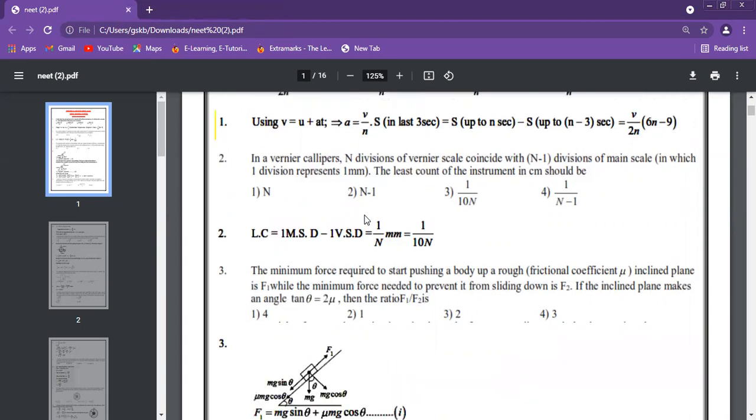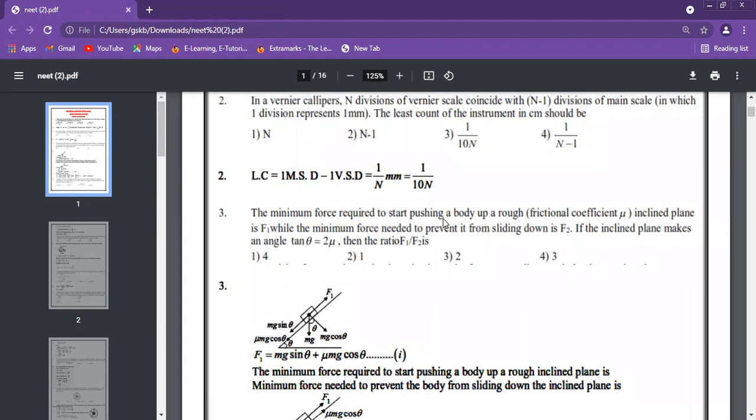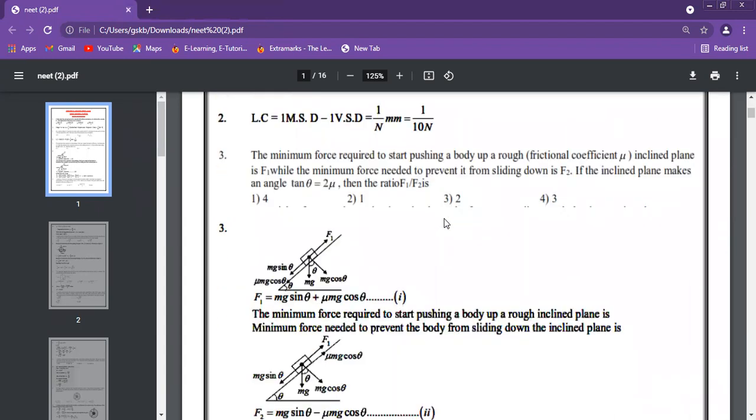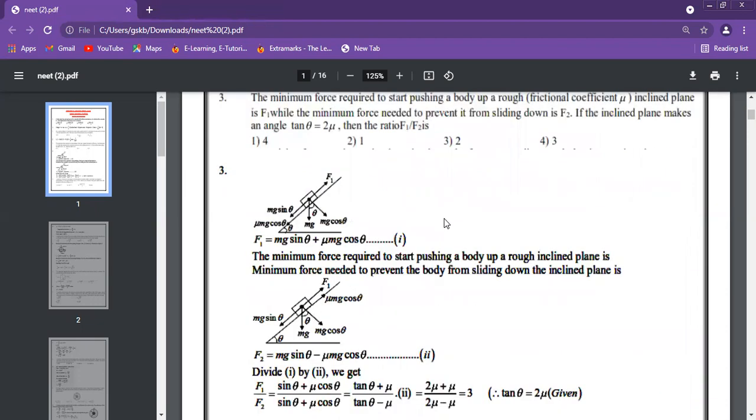It is purely based on the vernier calipers, a lab based question. This is the third one, and this is the solution for that question. The answer is 3.